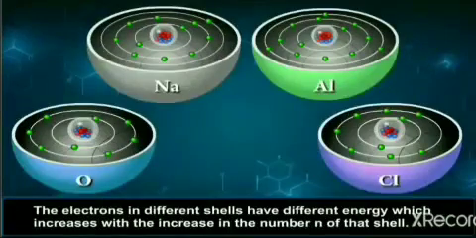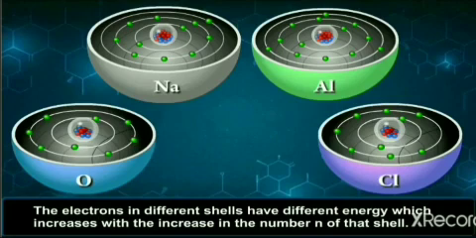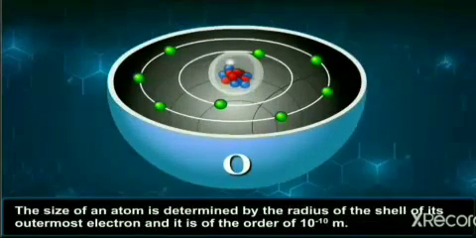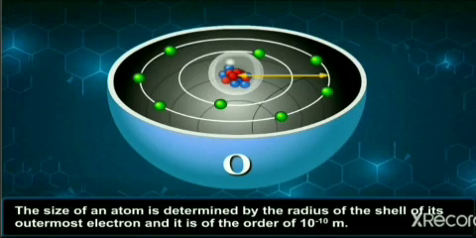The electrons in different shells have different energy which increases with the increase in the number n of that shell. The size of an atom is determined by the radius of the shell of its outermost electron, and it is of the order of 10^-10 meters.